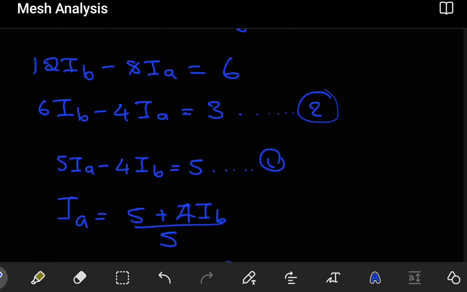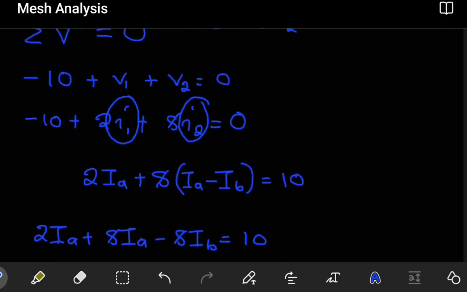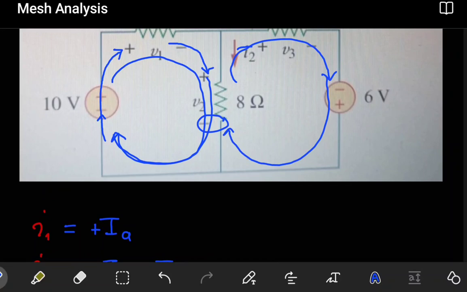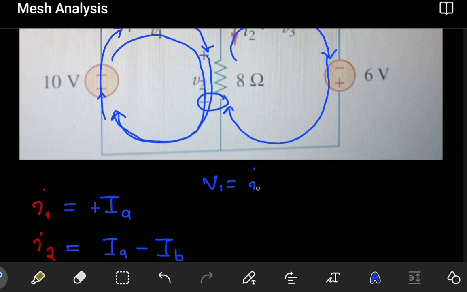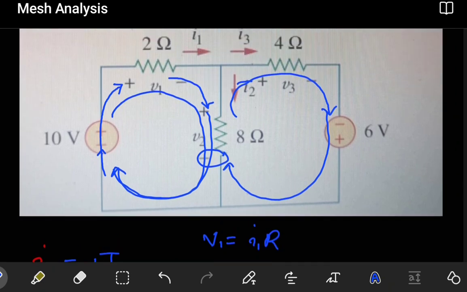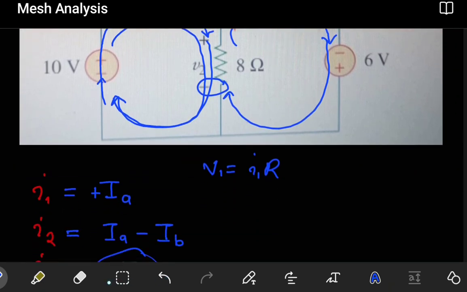The second part of the question was to find the indicated voltages, V1, V2, and V3. We know how we get voltage by Ohm's law. V1 will be equal to I1 times R1. In this case, for V1, R1 is 2 ohms, so it will be the value we found for I1 times 2 ohms.